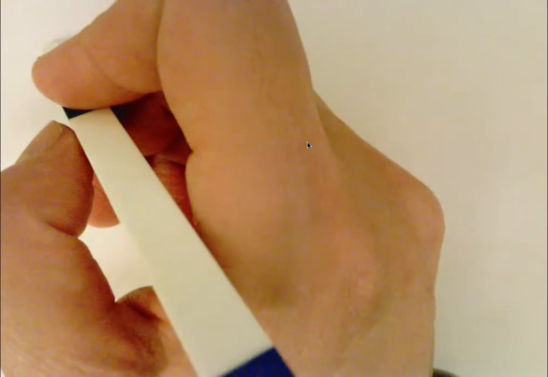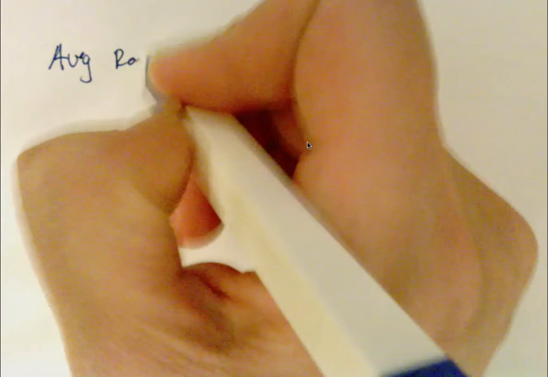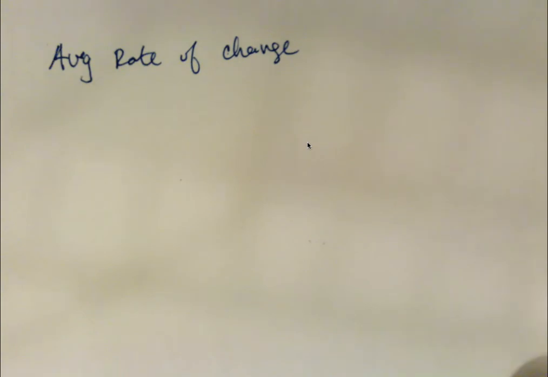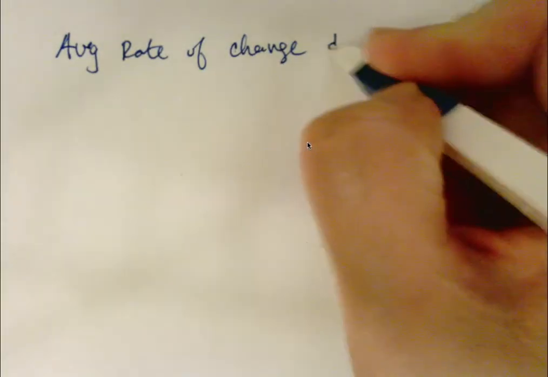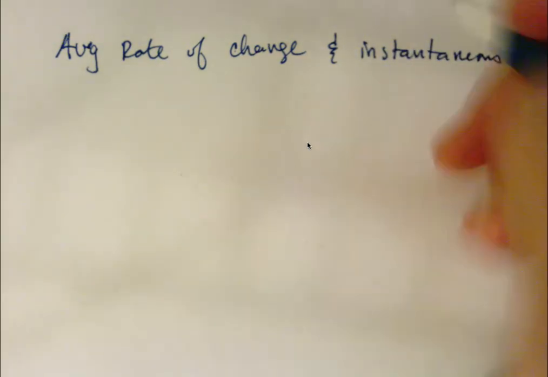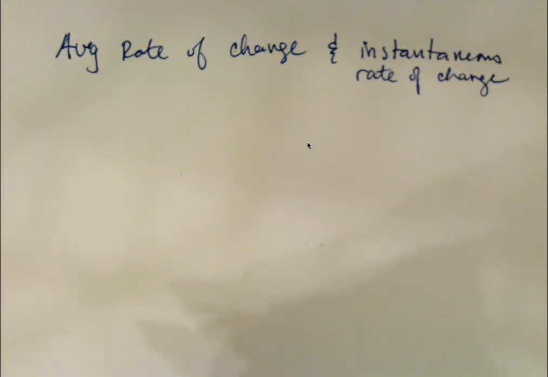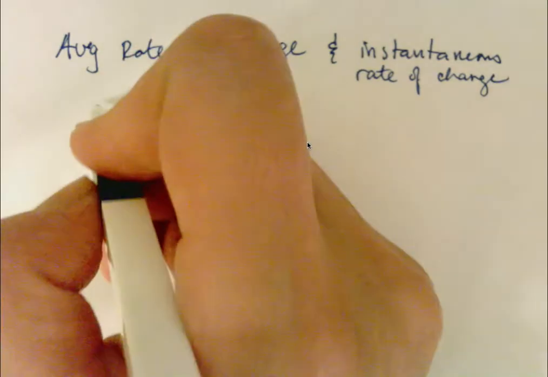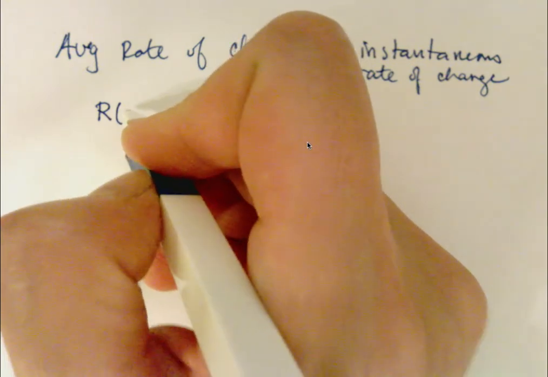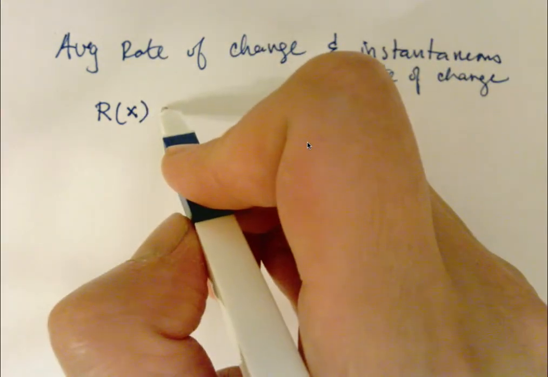Okay, so we're going to do a simple example of average rate of change and instantaneous rate of change. So let's assume you have revenue as a function of, let's say, something you're selling, x. Basketballs.